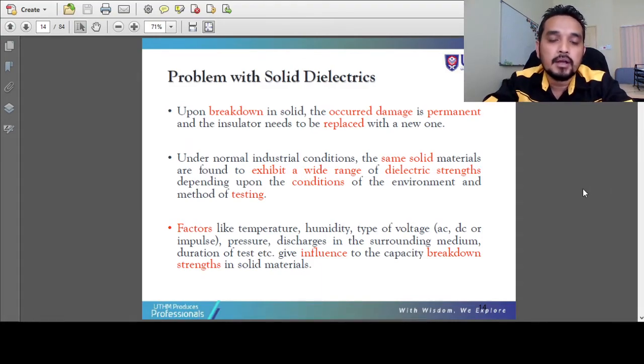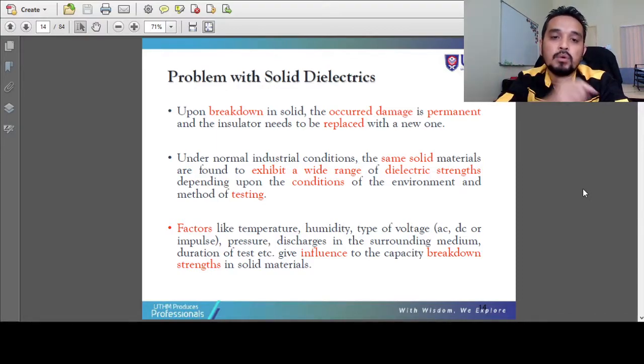Alright, okay, now we come to the problem. Several issues are related to the solid dielectric. One of the important issues with the solid dielectric is that once the breakdown occurs in the dielectric, it will cause permanent damage, and the solid dielectric needs to be replaced with a new one, right?